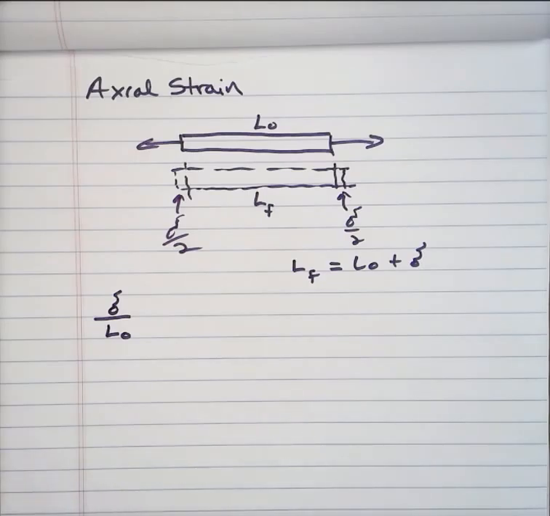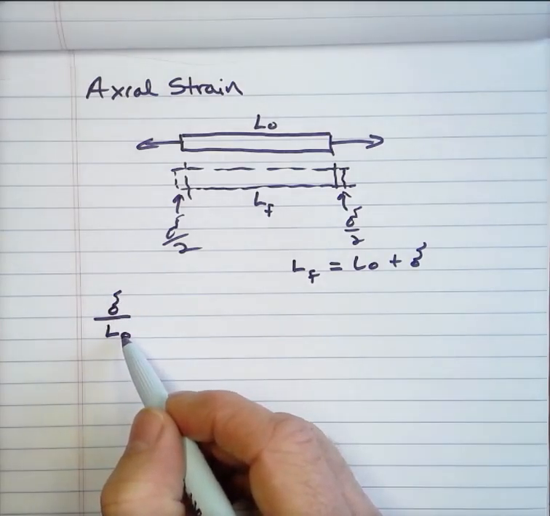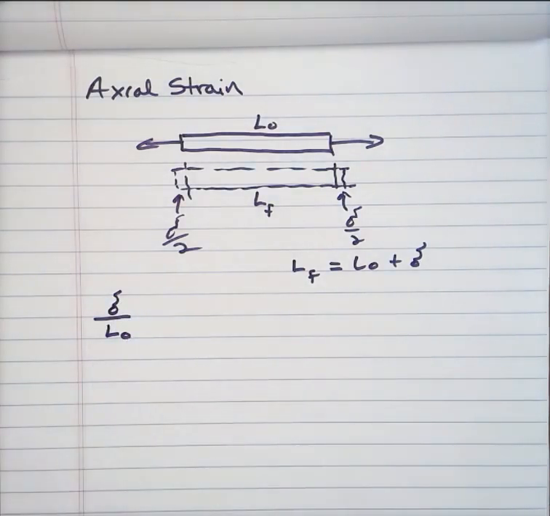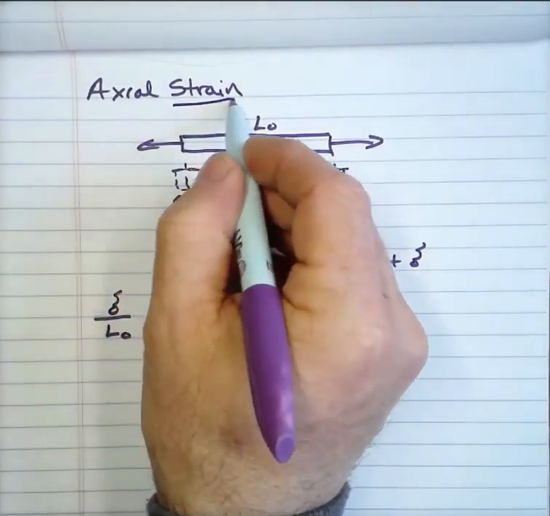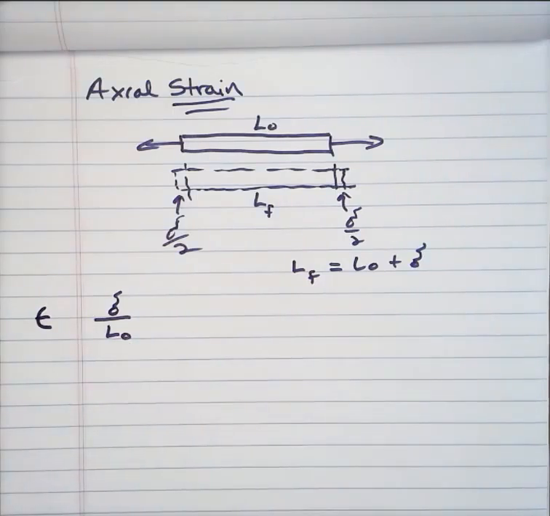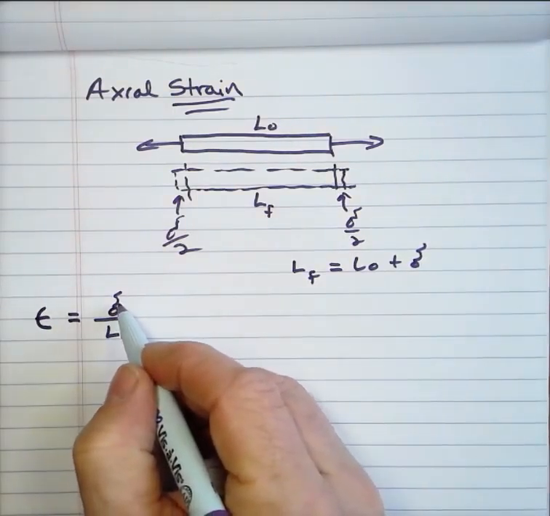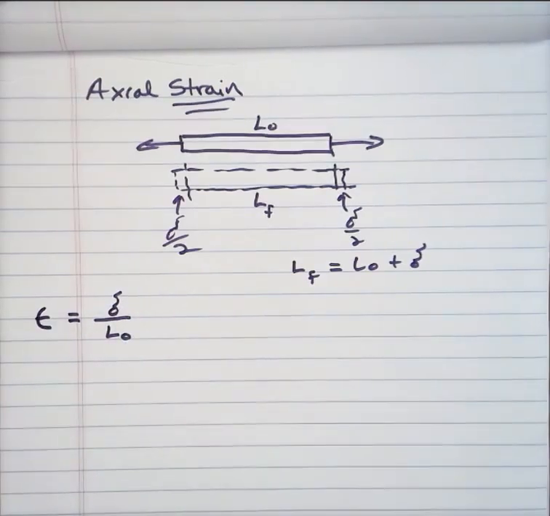The change in length, by being divided by its original length, is somewhat normalized. We have a name for this change in length over original length. It's called strain. It's got a symbol of epsilon, and it's the increase or decrease in length divided by original length.